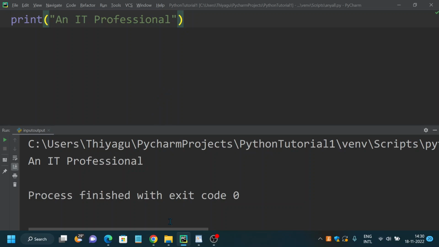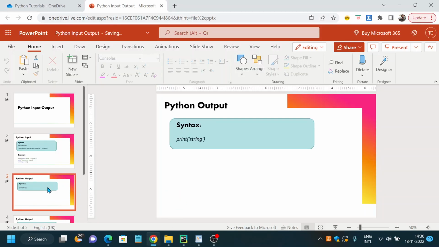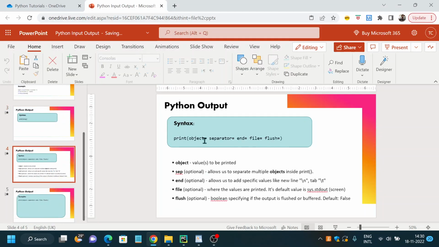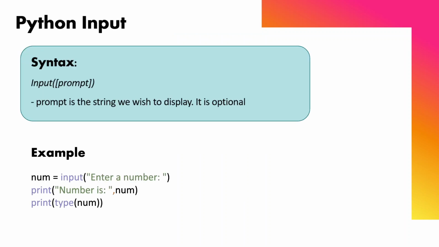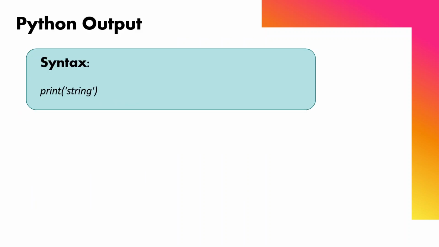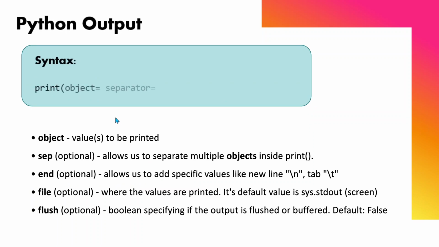This is the one which we basically use every time, but there are a few other parameters that you can provide within your print statement, which I don't think many people are aware of. There are very few advanced programmers who regularly use these, and many people do not know these parameters exist in the print statement.